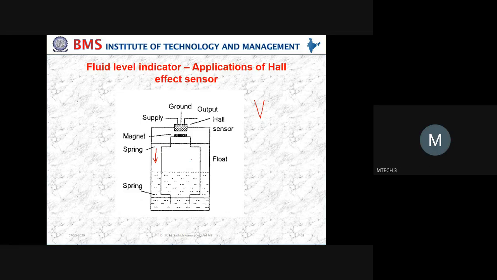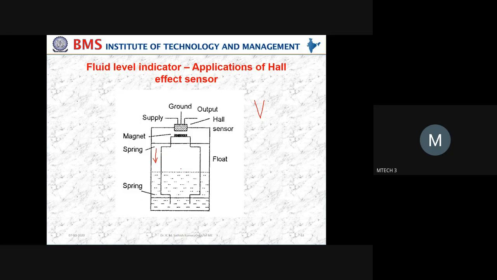When the float comes down, what is going to happen to the magnet? The magnet has been attached to the float, so along with the float, the magnet will also come down.